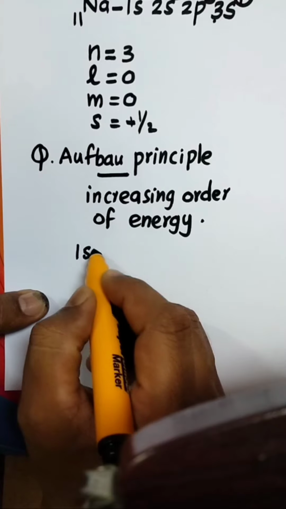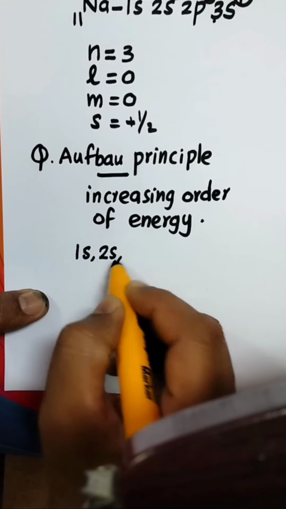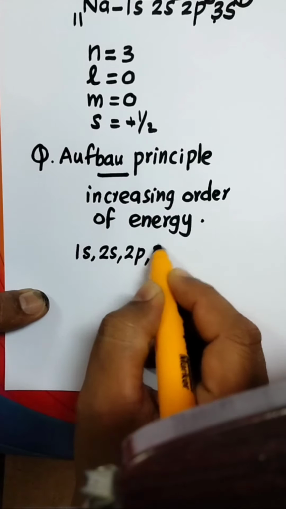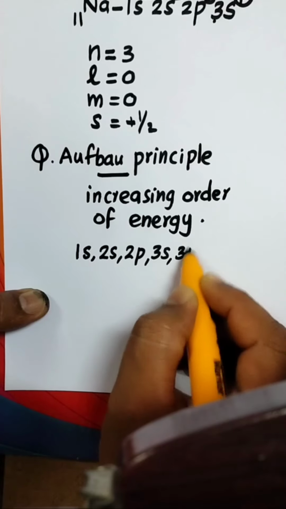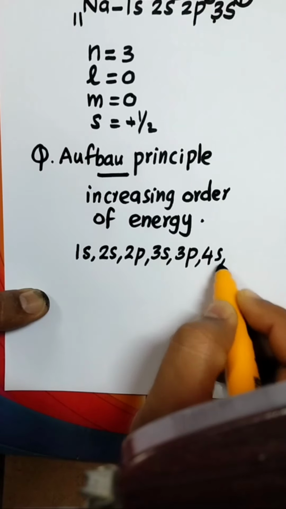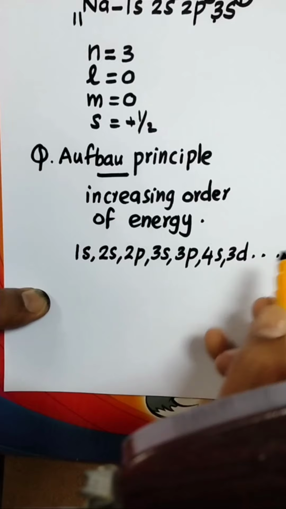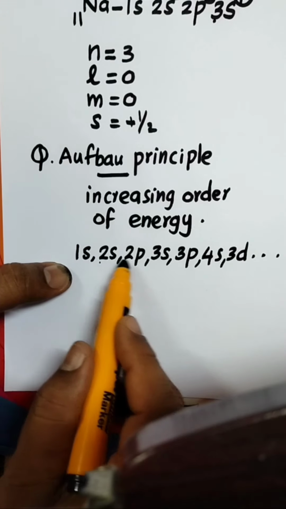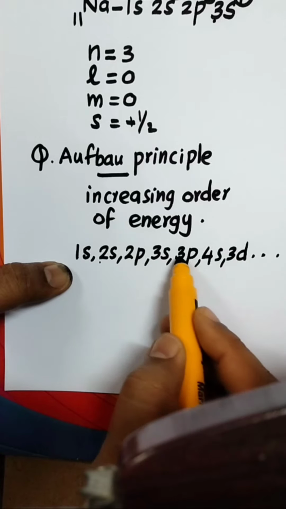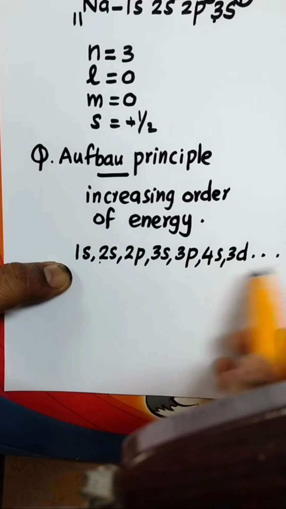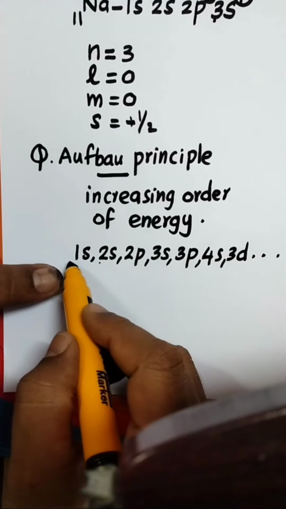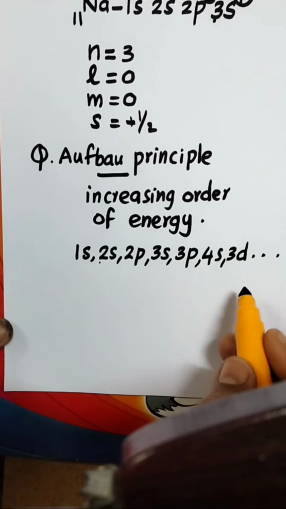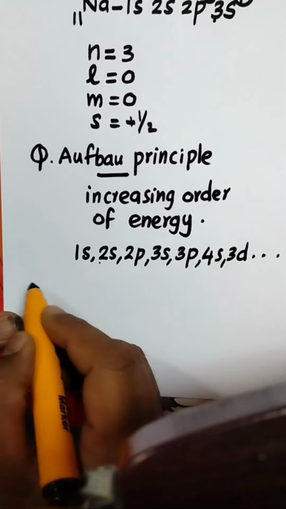That is, the order is 1s, 2s, 2p, 3s, 3p, 4s, 3d, etc. At first electrons fill the 1s orbital, then 2s, then 2p, then 3s, then 3p, then 4s, 3d, etc. Just like this, electrons enter various orbitals in the increasing order of their energy.